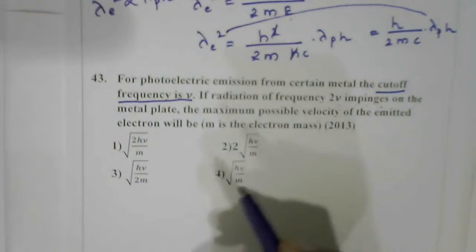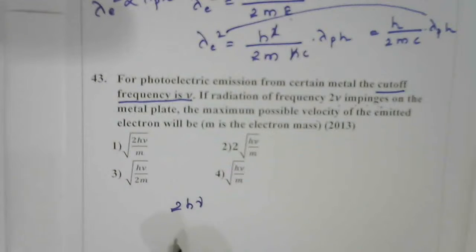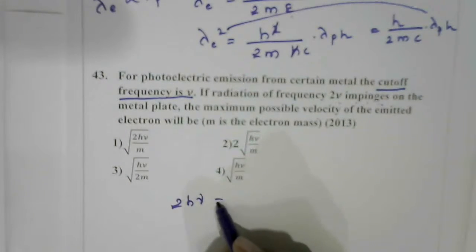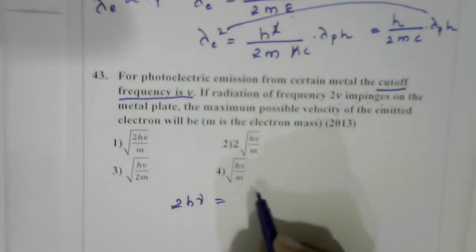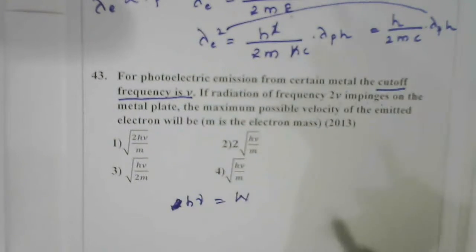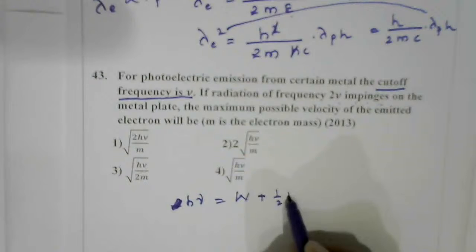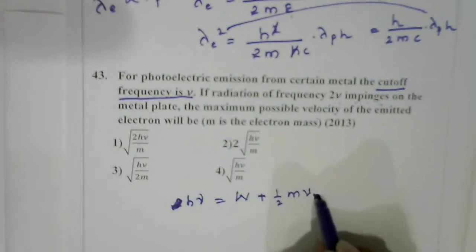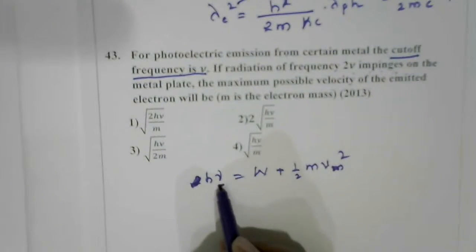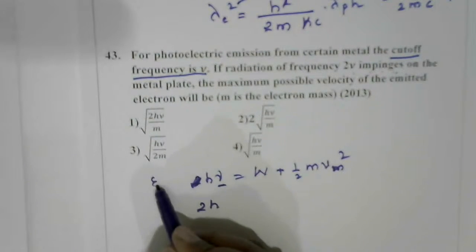So we are having 2 h nu incident, because it is 2 nu, whereas threshold is nu. If you want, I'll write the equation: W plus half m v maximum square is your formula. But nu itself here is 2 nu, hence it becomes 2 h nu. This is the equation I have written.